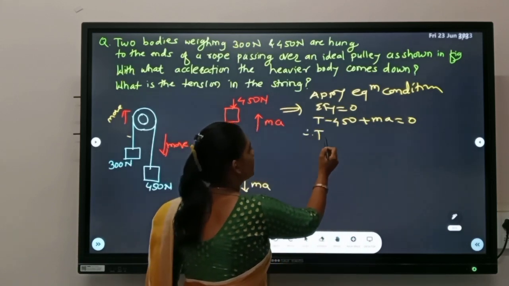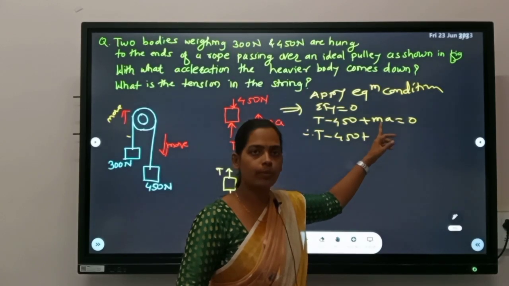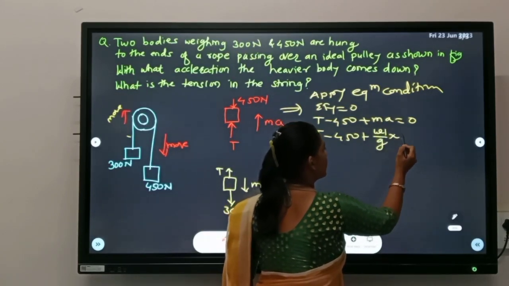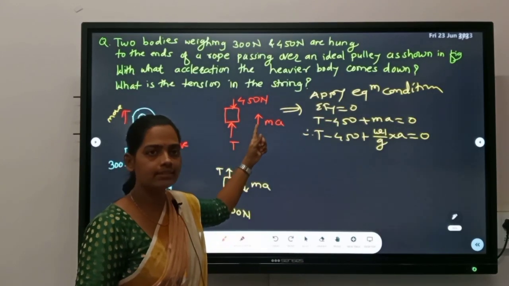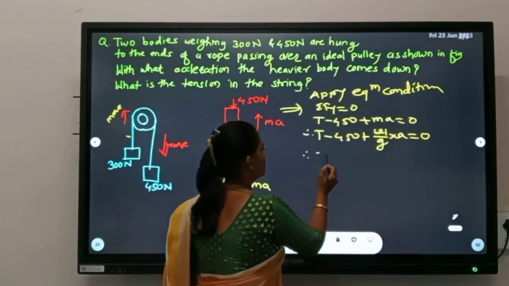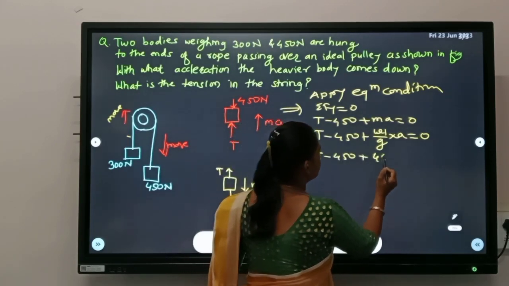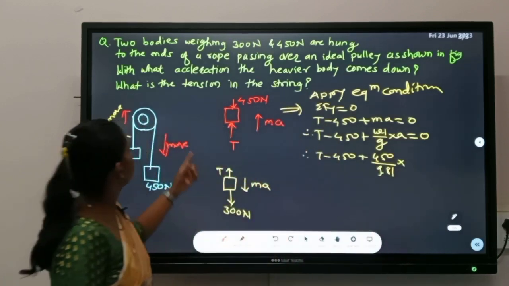Therefore T minus 450, I replace mass by W by g, so this is W1 divided by g into acceleration is equal to 0. The weight for this particular block is 450. Therefore T minus 450 plus 450 divided by 9.81 into acceleration is equal to 0.